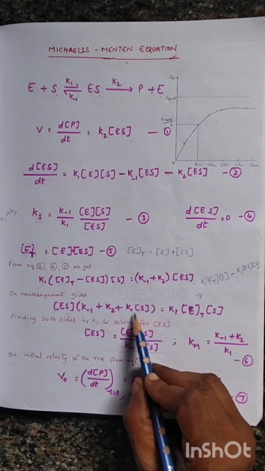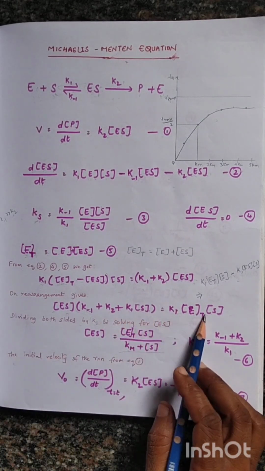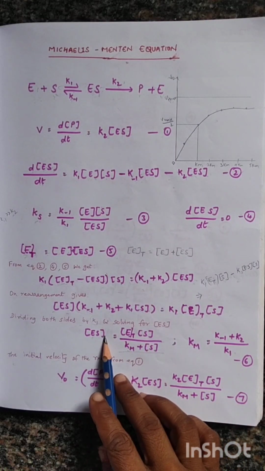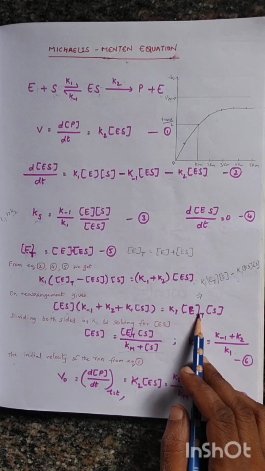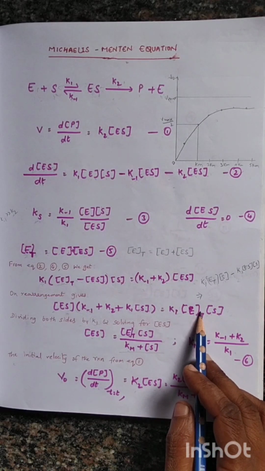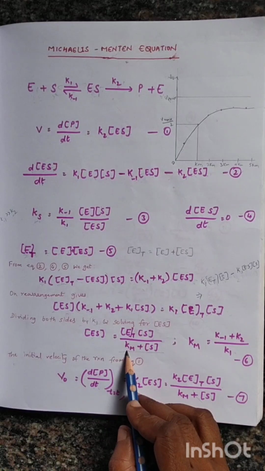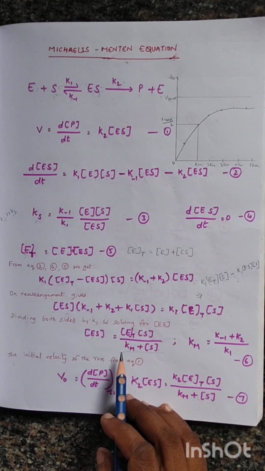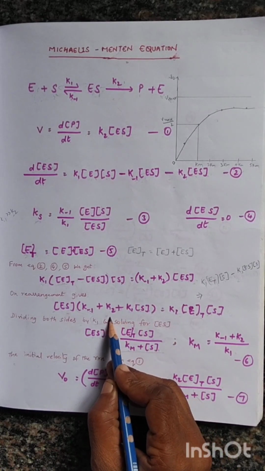Substrate is still there. When we divide both the sides with K1 and solve for ES, concentration of enzyme substrate, then we can get E total concentration into substrate concentration divided by Km plus S. This is obtained when we divide the whole of this expression with K1.